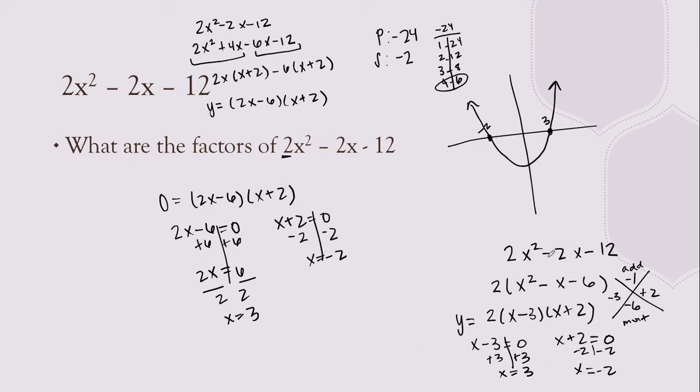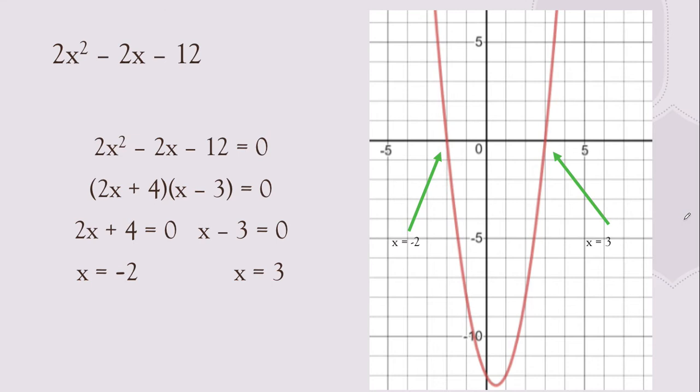So I did the same exact thing, except I factored out a 2 so I could use my x method because my a value would be 1, rather than have to use the AC splitting method. So this is just a shortcut for my factoring world. All right, so there you go.